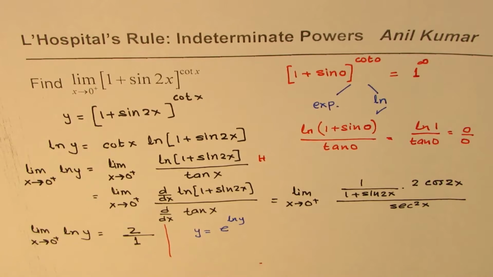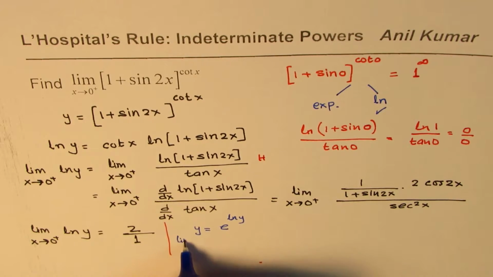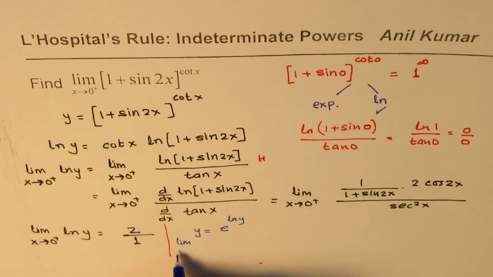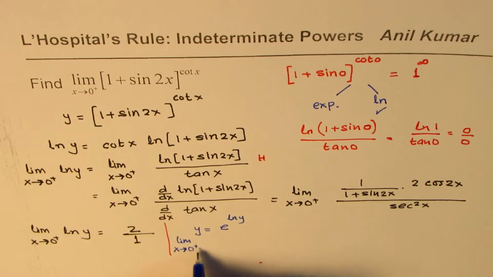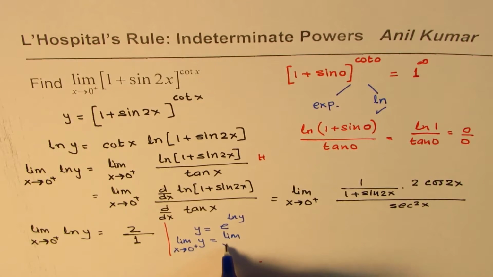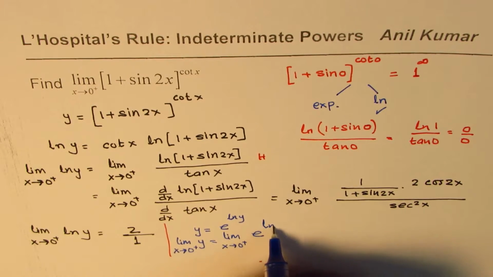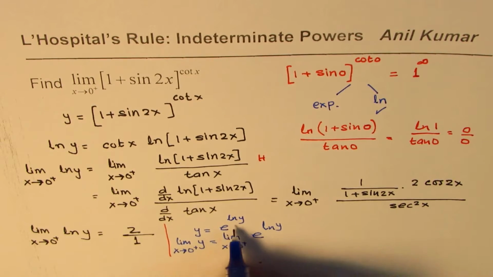That's the property of the exponential function. So if I'm asking what is the limit as x approaches 0 plus for y, it is the limit as x approaches 0 plus of e to the power of ln y. Is it okay? Same thing, right?